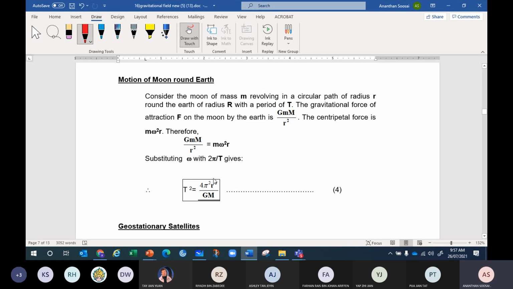For the motion of the moon around the Earth, this is the mass of the moon, and the mass of the moon cancels. But this formula is also applicable for Earth and satellite. The mass of the satellite cancels and you still get back this formula. So this formula yields what height to launch at. Any questions so far?